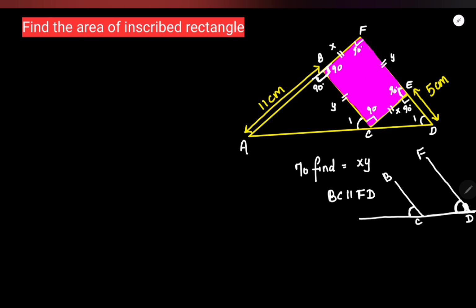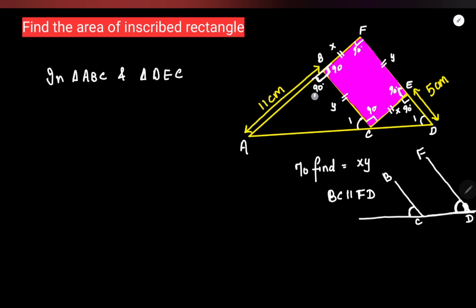Now look at these two triangles. First I will look at triangle ABC. This triangle. And then we will look at triangle DEC, sorry, DEC, not F. Now you look at these two triangles.